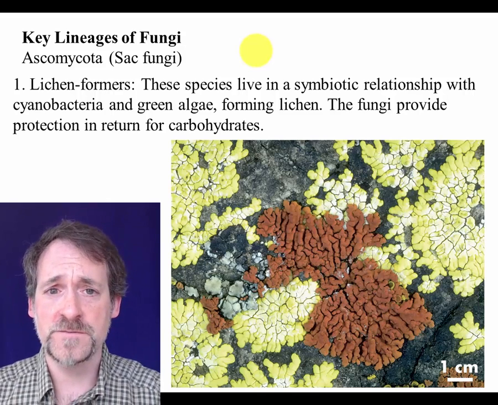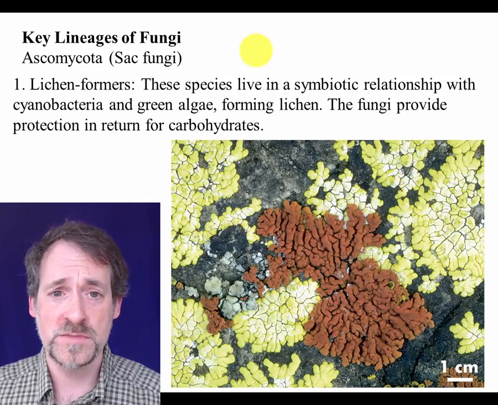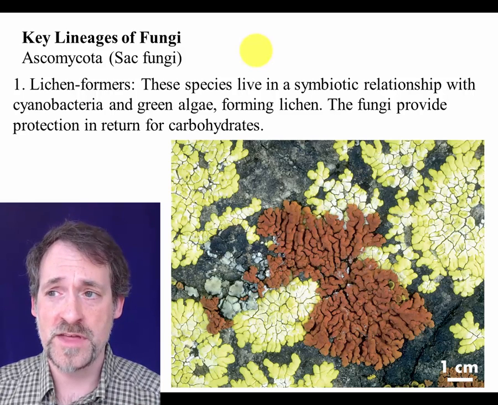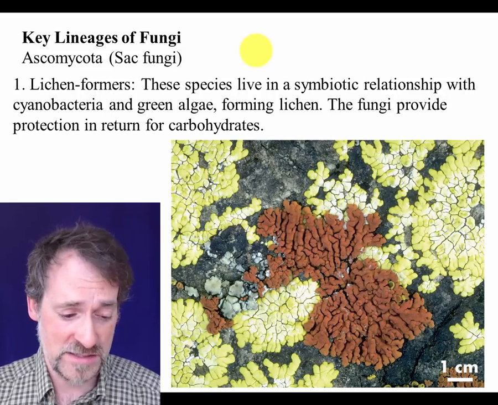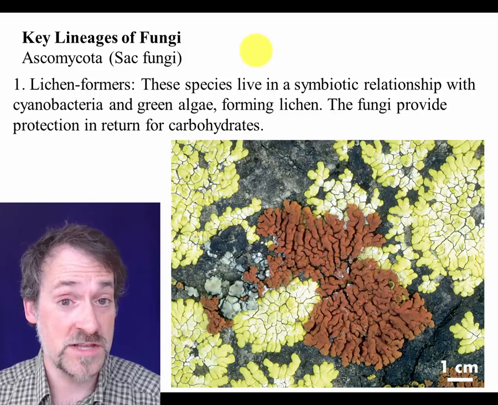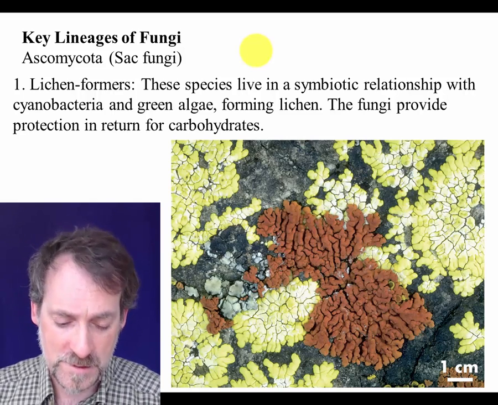The fungi form this hard, environmentally resistant outer coat within which the photosynthetic organisms are protected. And the photosynthetic bacteria or algae, of course, generate photosynthate to feed the fungus.